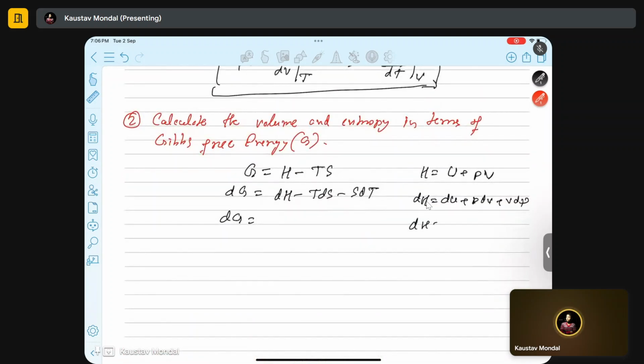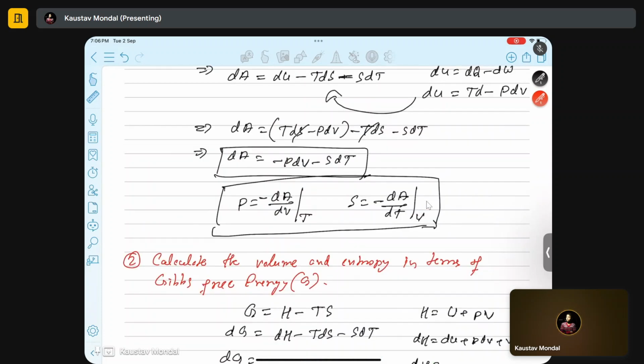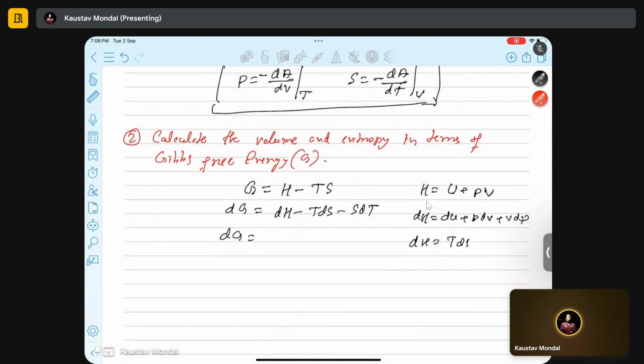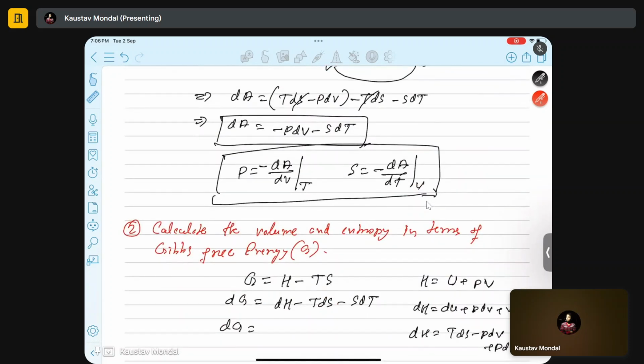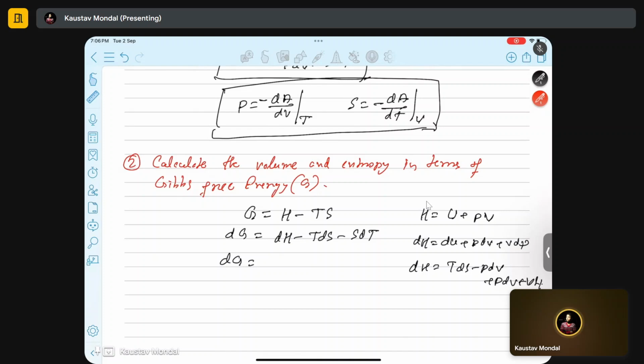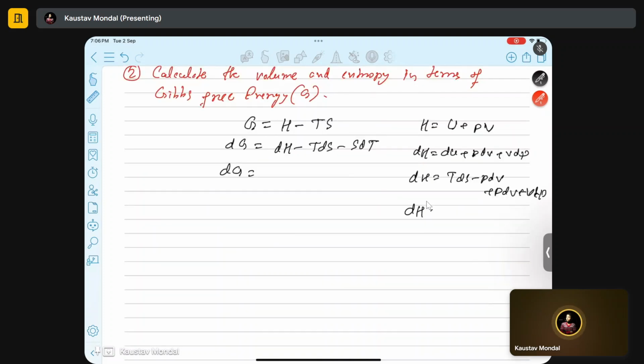So dH equals TdS minus PdV plus PdV plus VdP. The PdV terms cancel, so dH becomes TdS plus VdP, right?